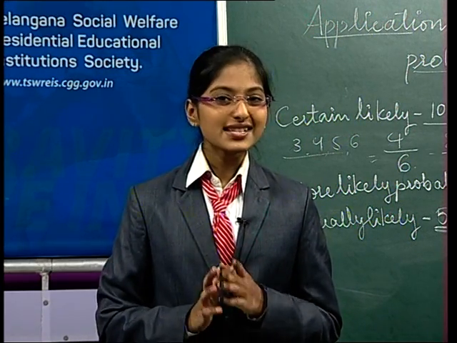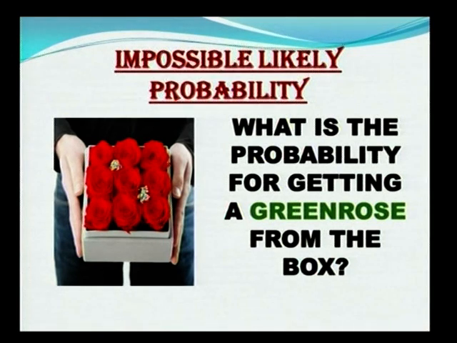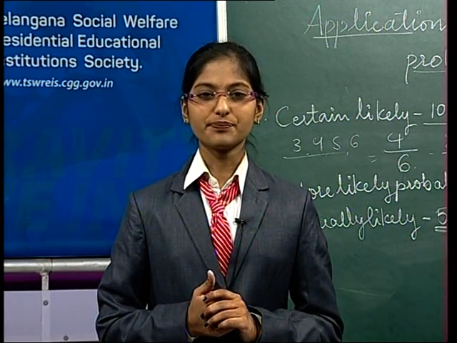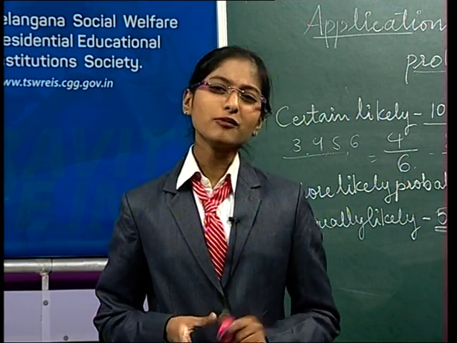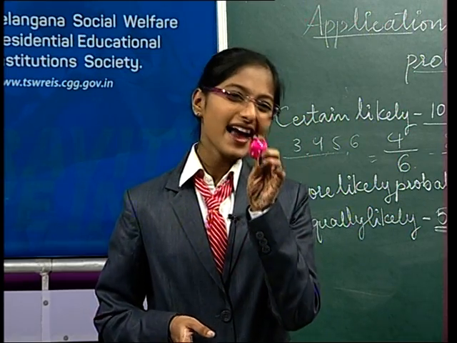Because the box is full of red roses. What is the chance of getting a green rose? There is no chance. If we tried it a thousand times, thousands of times, there is no chance of getting a green rose. This type of probability is called impossible likely probability. And once again, I am going to use the dice here. I think you like it most.